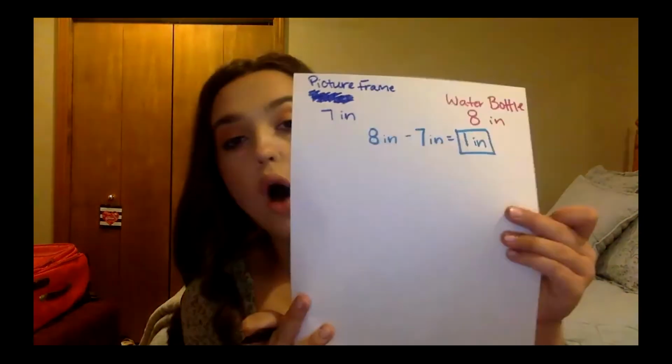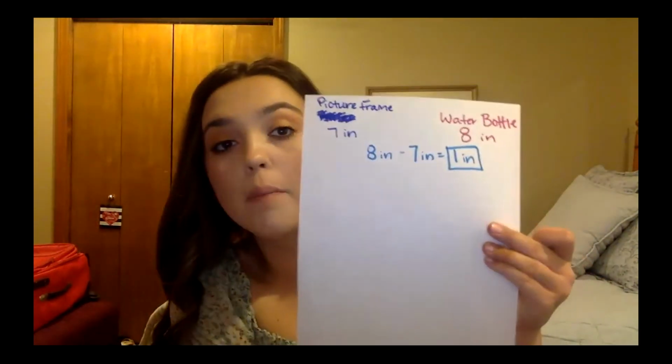So our water bottle is 1 inch bigger than our ruler. Or I'm sorry, not our ruler, our picture frame. I wrote that down incorrectly. I'm sorry about that. Our water bottle is 1 inch larger than our picture frame.